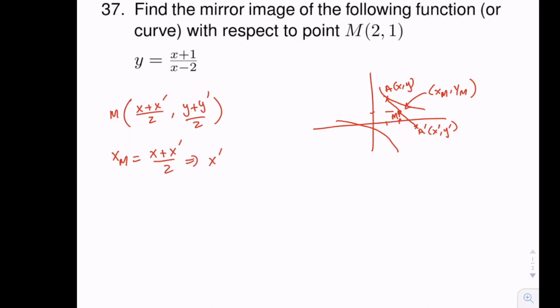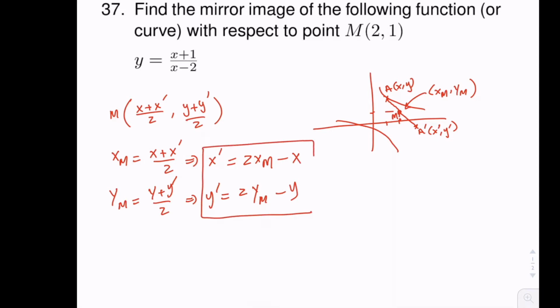So x prime, which is the coordinate of the mirror image of A with respect to M, will be 2xm minus x. And if ym is y plus y prime divided by 2, then y prime will be 2ym minus y. So this way we can find the coordinates of every point with respect to another point M.